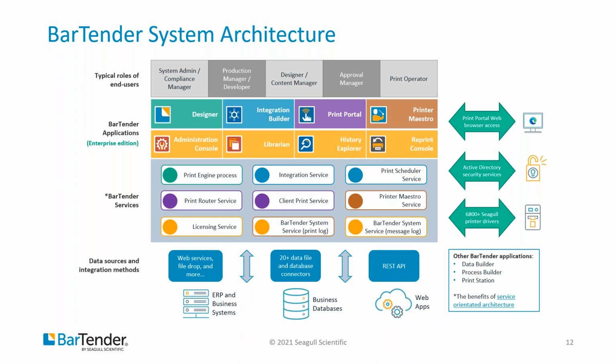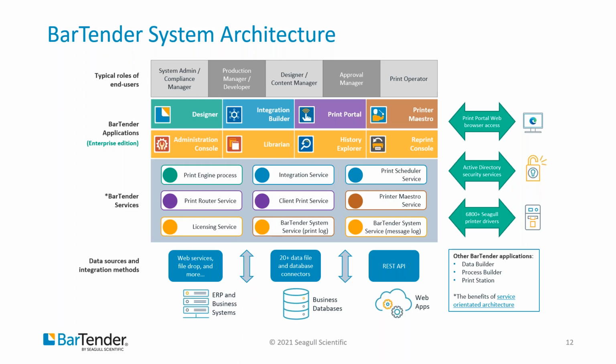And these range from a system admin, production manager, a designer of the BarTender content, a person who makes the approvals if you're using some form of document management, and of course the print operators, those people who are at the end of the line who execute or make requests for print jobs.